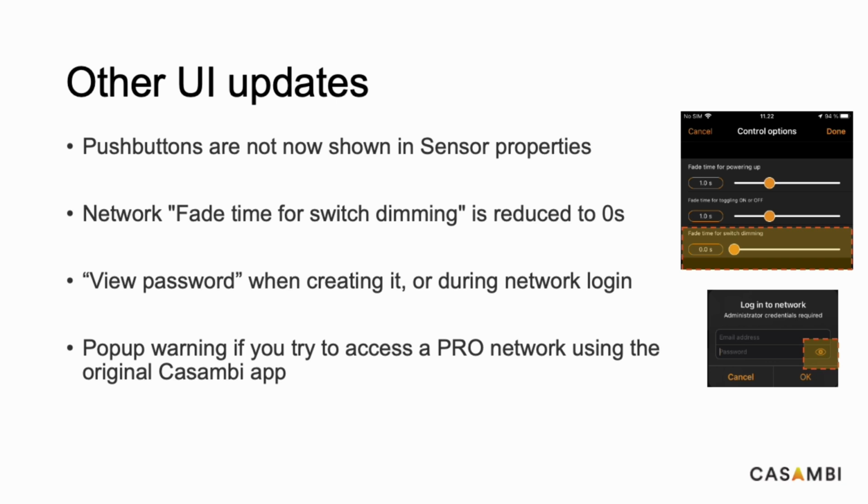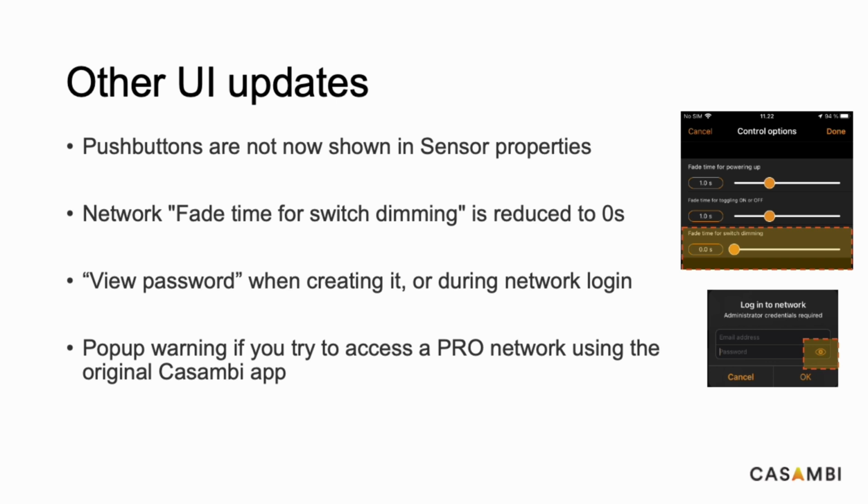So you have to be very careful when you're accessing via the original Casambi app, because the original Casambi app is not designed as a tool for Casambi Pro editing.